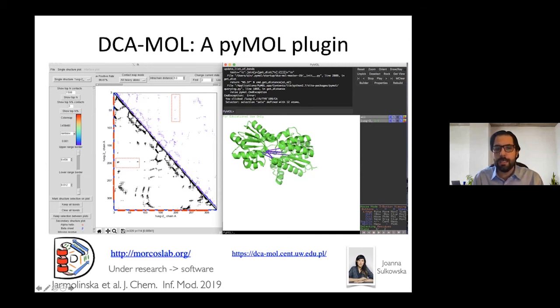So in this case, I'm showing on the left an example of a matrix. The lower triangular part is an actual crystal structure. The X and Y axes are residues in the protein. The dots in black are residues that are in close physical space in the crystal, in the 3D structure.